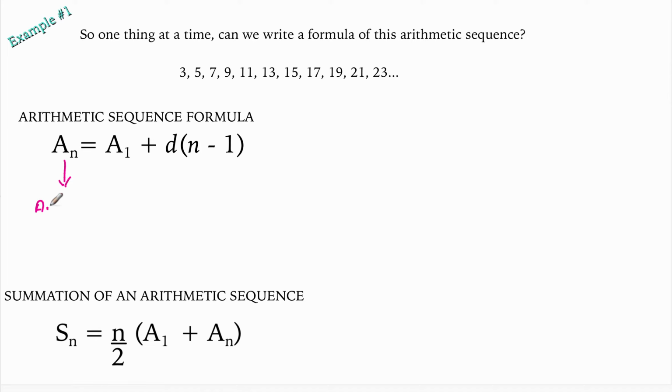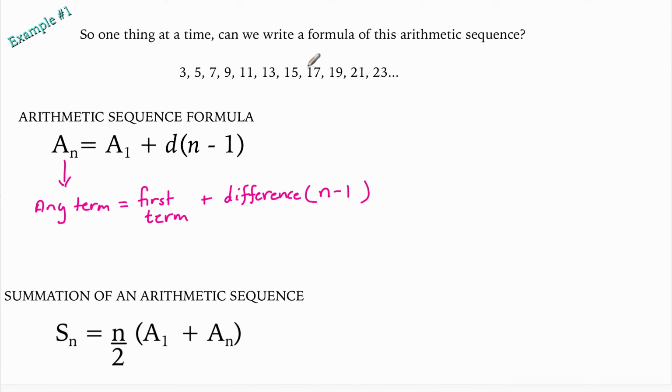To find any term, we take the first term and we add on the common difference. How many common differences do we have to add on? One less than the term we're looking for.